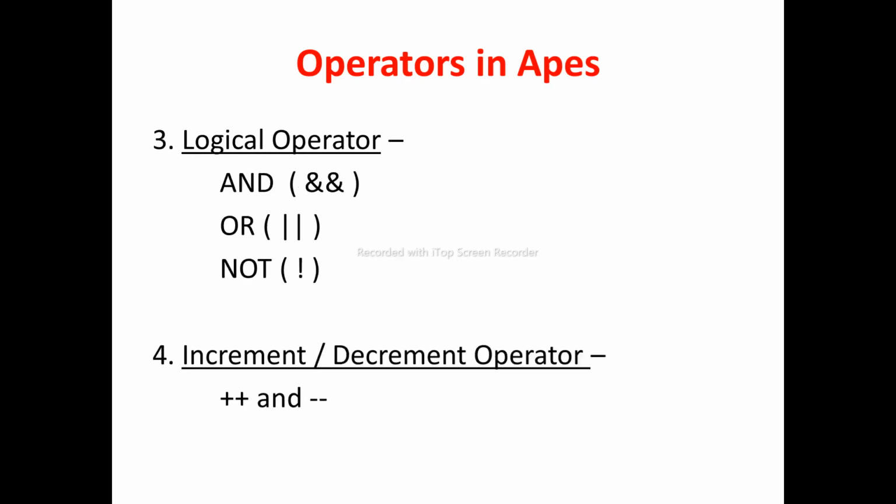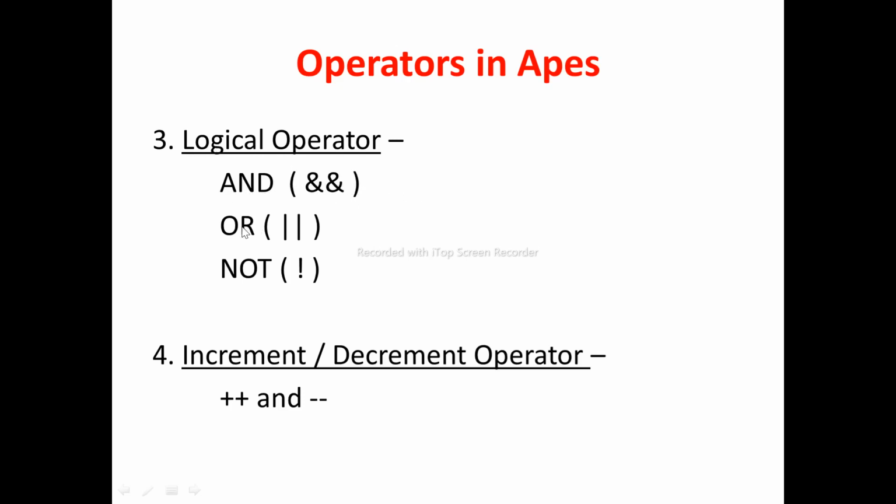Third operators are logical operators, and we can define logical operators by using and, the double ampersand. This operator returns true if all conditions are satisfied.